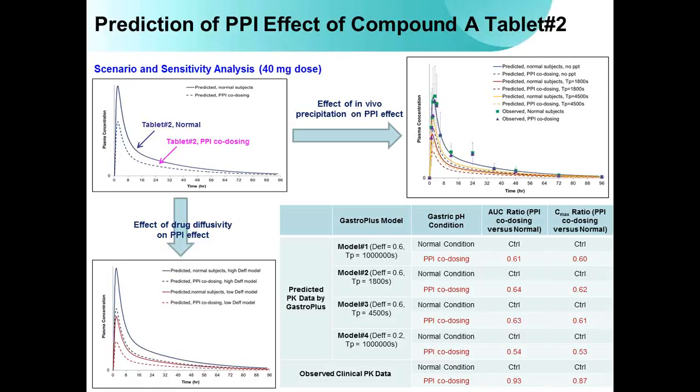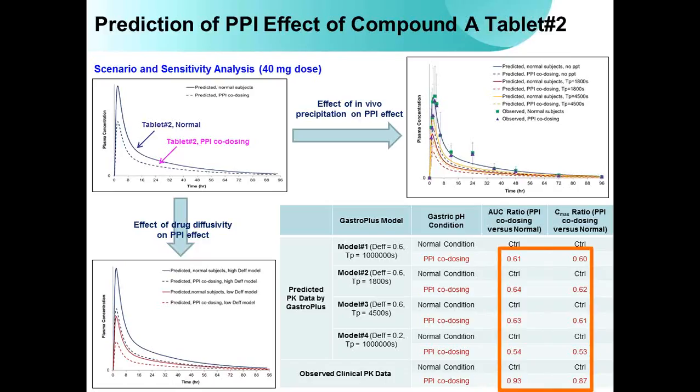So when we have the clinical data back, we compare the observed data versus the model predicted outcome. As you can see in the bottom right side of the slide, the model seems to be over-predicting the achlorhydric effect by about 25% to 30%-ish for this compound.